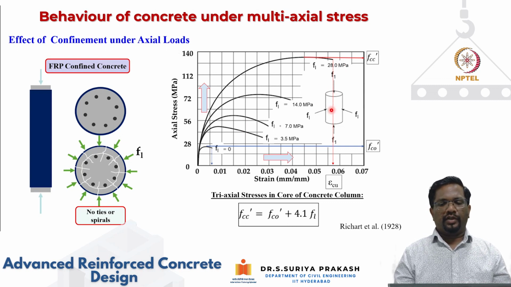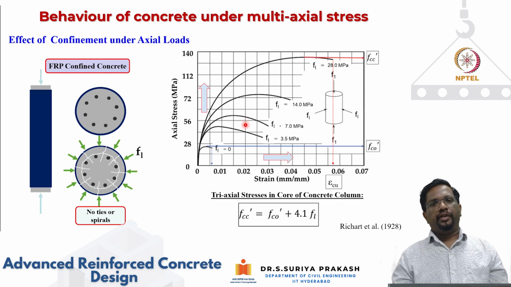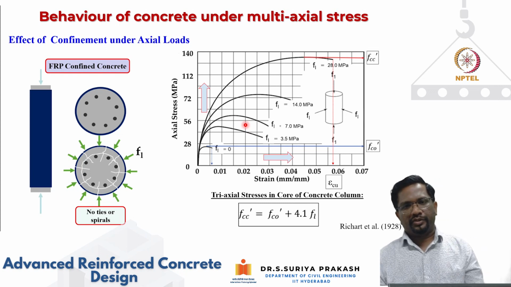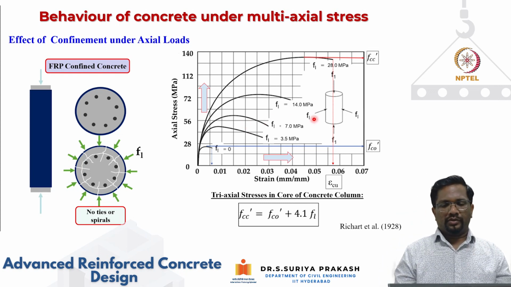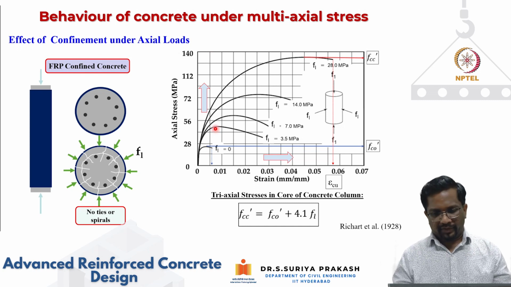you're putting the cylinder under a triaxial compression stress state. Whenever the material is subjected to triaxial compression stress state, through this lateral confining stress, the strength is going to increase. For example, if I'm putting 3.5 megapascal of lateral confining stress on 25 megapascal concrete, the strength is increased almost up to 50 megapascal.